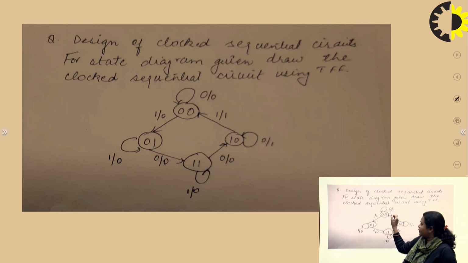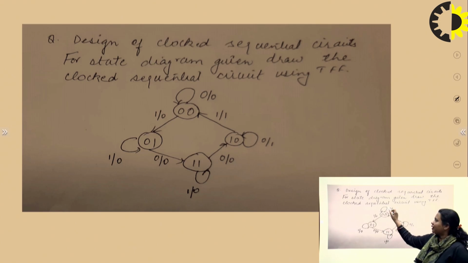Now something is written, there are loops and arrows, right? And something is written on them, like 0 0, 1 0, 1 1, anything is given, right? So how to read it? I am writing something.